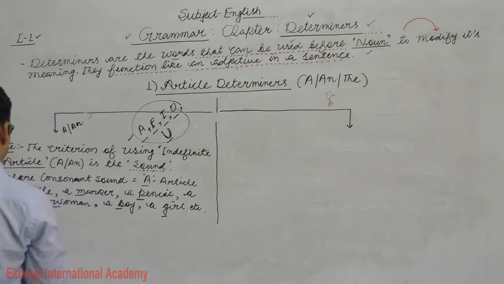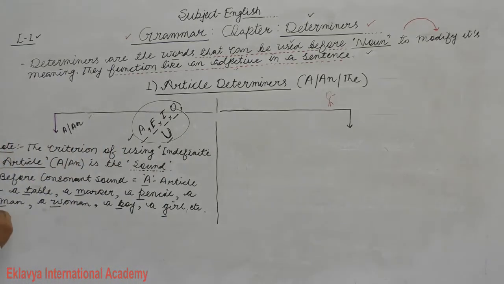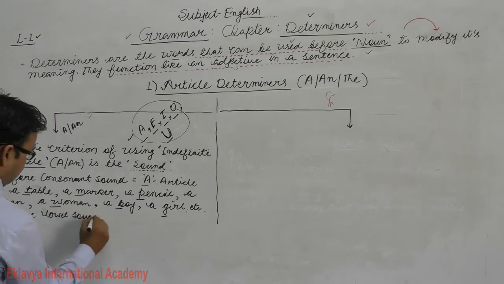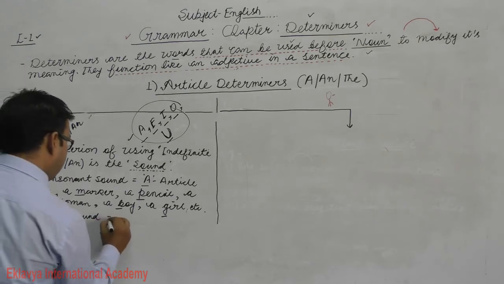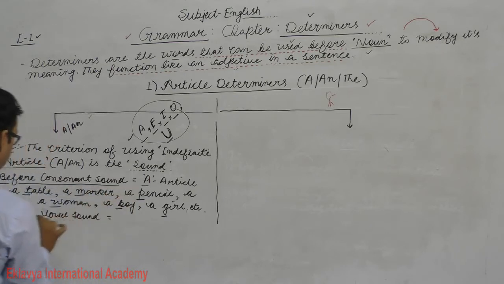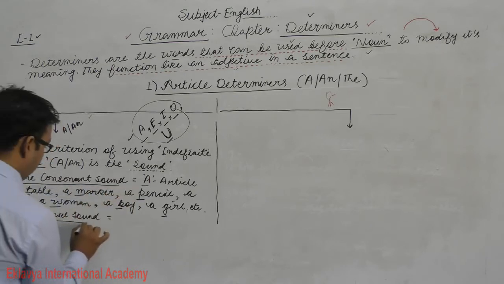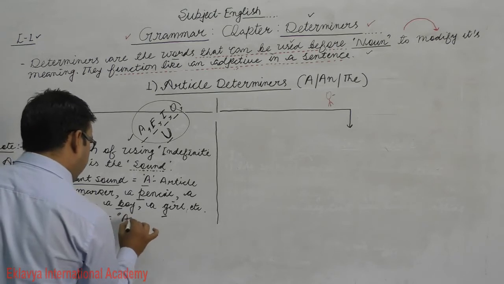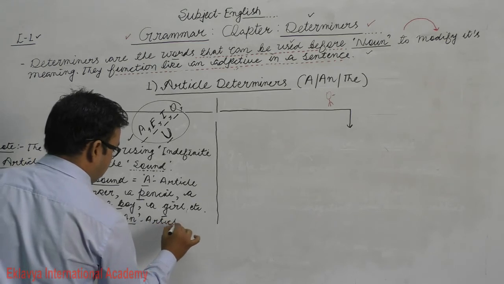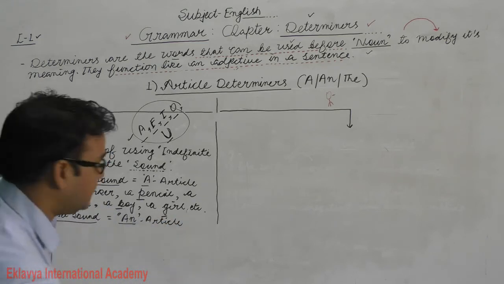Okay, let's start with the B part. Before vowel sound. Like I have mentioned here, before consonant sound the article a will be used, and before vowel sound we'll use the article an.